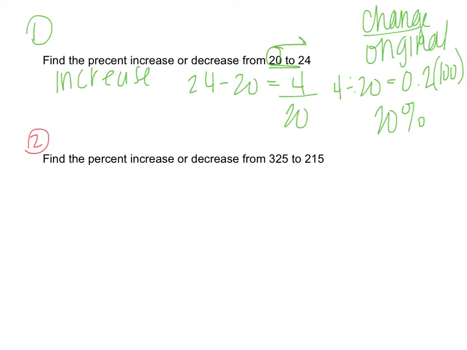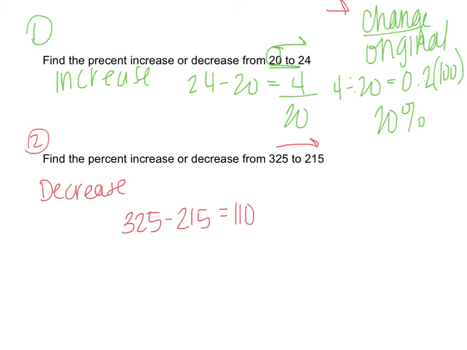Okay, what you should have done is you should have said that this is a decrease because our original is now getting smaller. So to find that change, we need to do 325 minus 215. And when you do that, you get 110. That's my change. My original is where I started, so this is over 325.